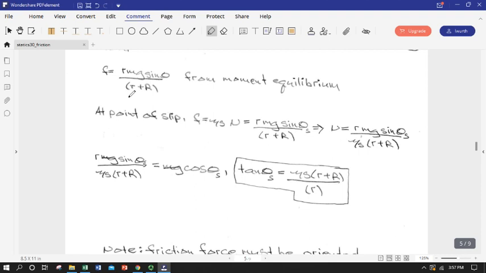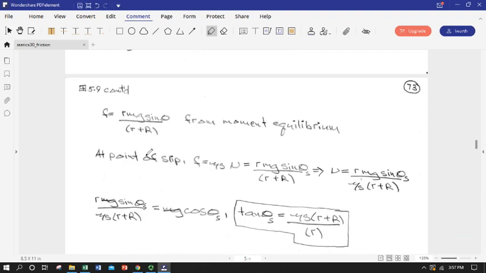from the moment equation, and now I can say at the point of slip, F equals mu s times N, and put these equal, so I can write the normal force in terms of all of the different givens.